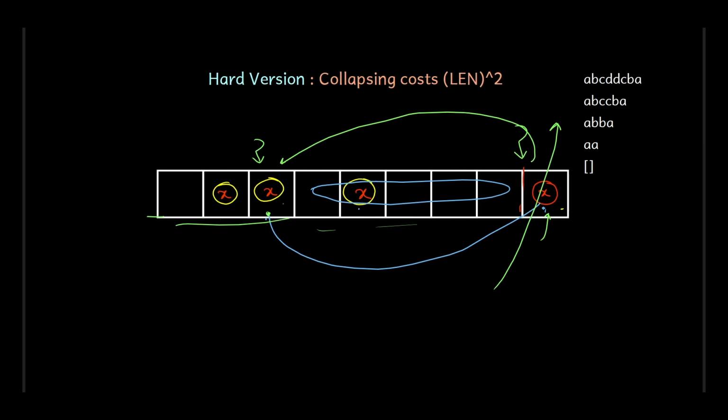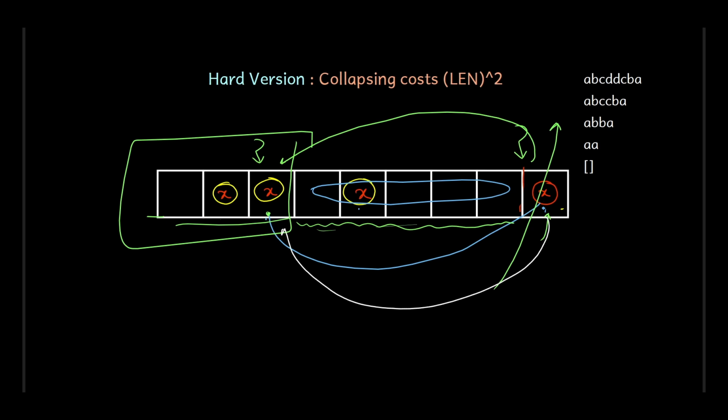So then you have to remember that there is one freeloader at the end. That is, when you are computing for this subarray, you have to remember that one X came to you and they will stand right next to you over here when the collapse is happening.